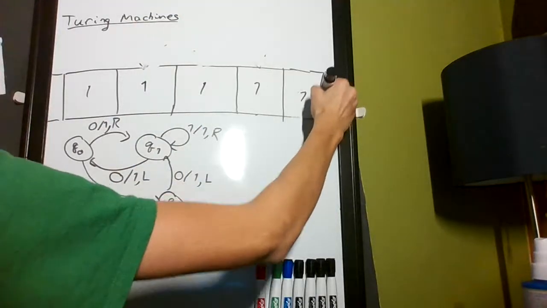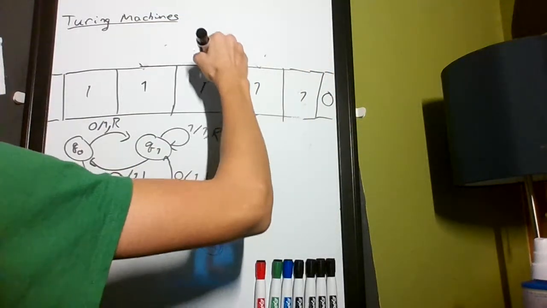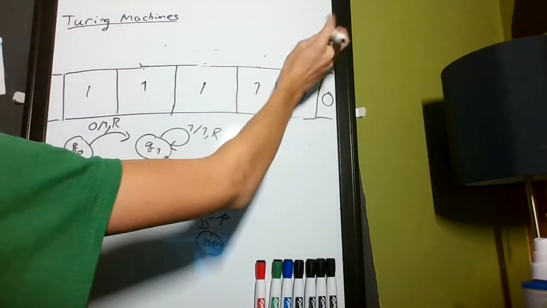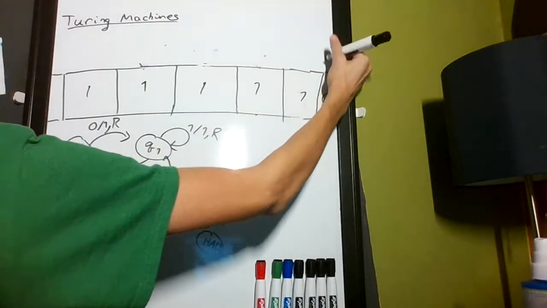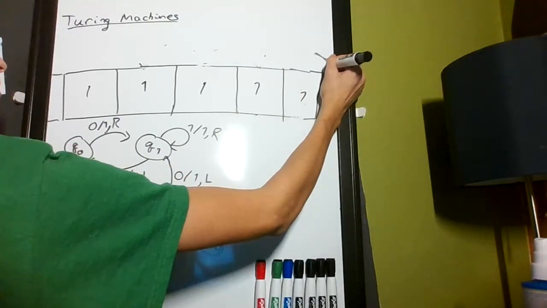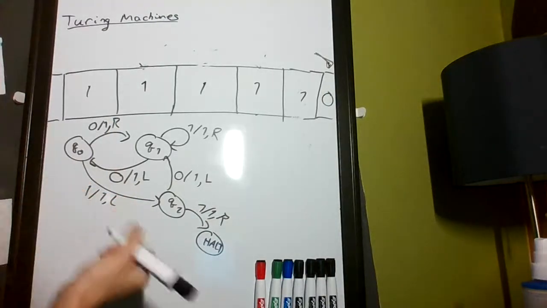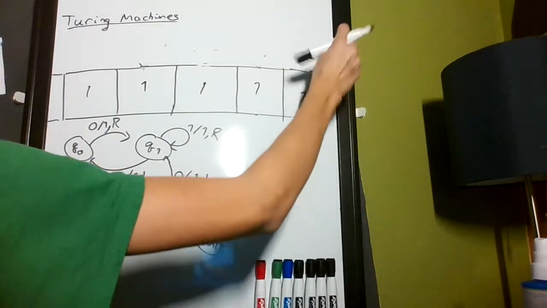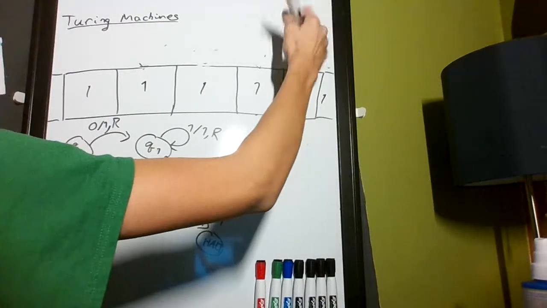And then right there's going to be 0. So I'm going to read a 1, move it to the right, all the way down here. I'm reading a 0, so it's going to be Q1 right down there. I'm reading a 0, so I write a 1, and I move it to the left.